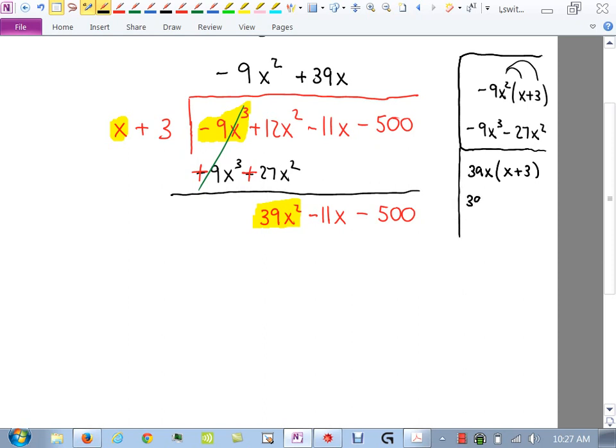This is 39x squared and then plus, what's that? 117x. So this is just like little scratch work I'm doing on the side, just to keep everything in order. I put that answer where? Underneath that, right? Line things up, 39x squared, plus 117x, and I don't have anything else there.